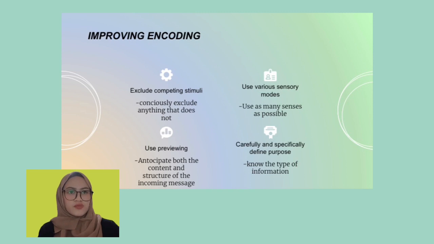Secondly, use various sensory modes, for example, use as many senses as possible. Thirdly, use previewing: anticipate, and watch the contents and structure of the incoming message. And lastly, carefully and specifically define the purpose, for example, know the type of information.